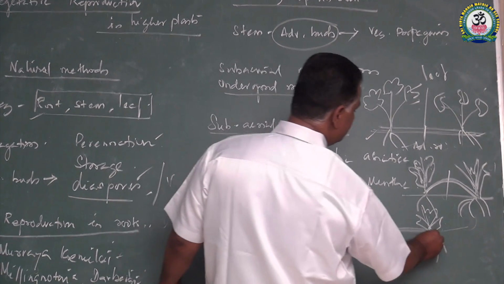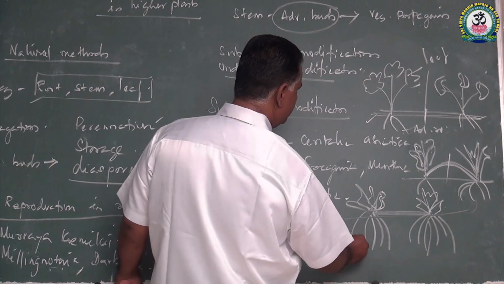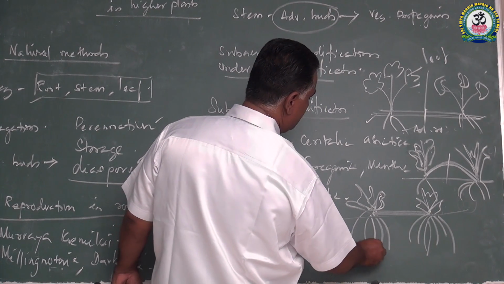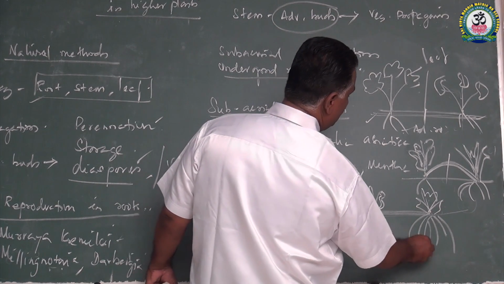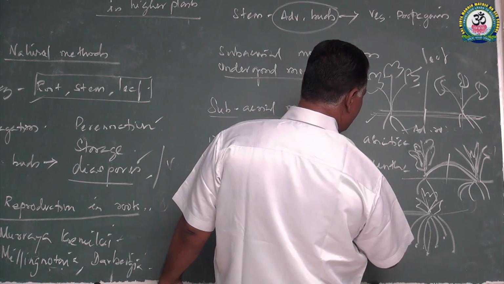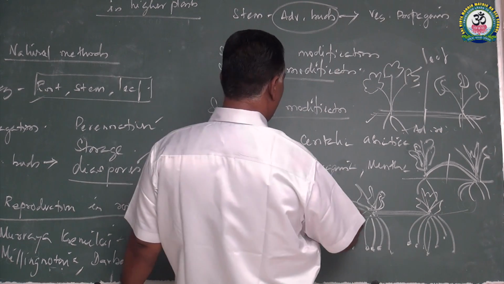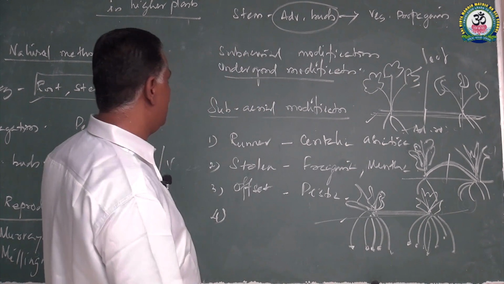This is the water surface. In the offset, the distance between two successive nodes is a little less, and so it is called offset. This is found in Pistia, the water plant.